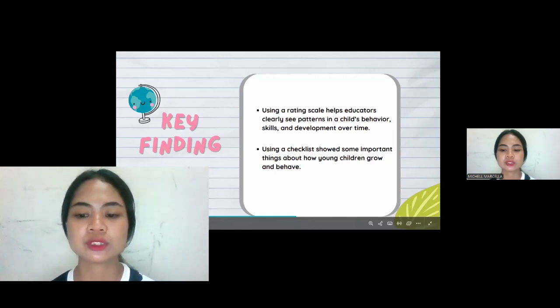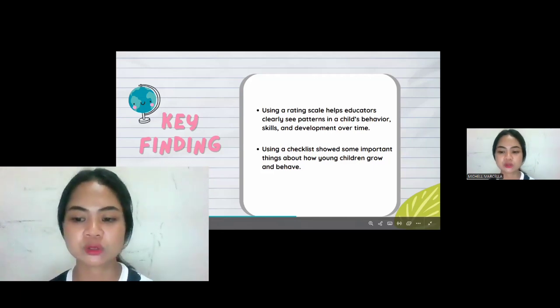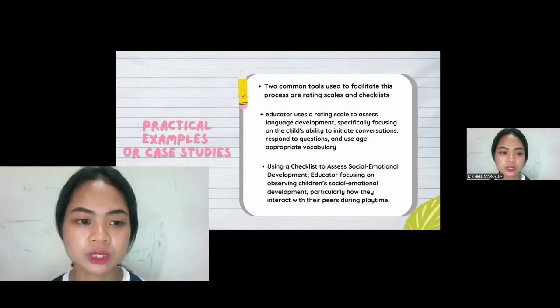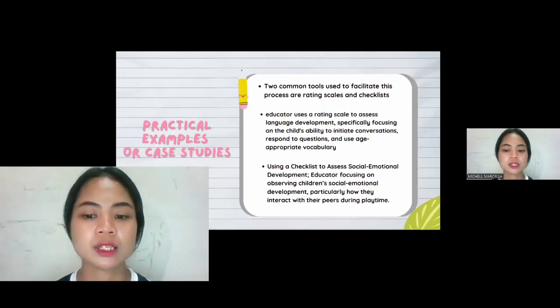This is because the children demonstrate good fine motor skill and maintain hygiene, showing developmentally appropriate independence. Not only that, the combination of a scale and checklist provides a clear picture of both strengths and where a child needs support.